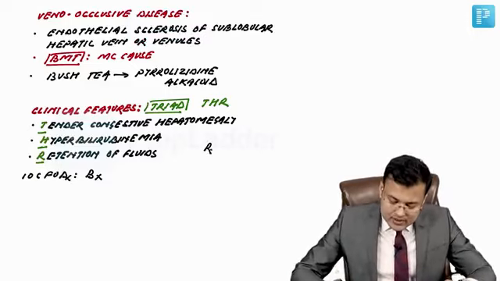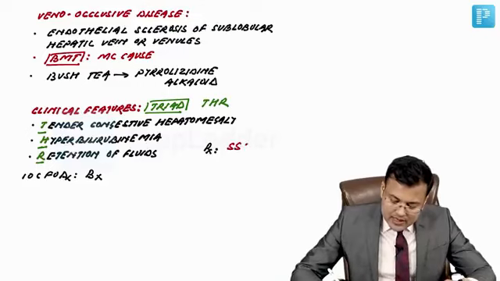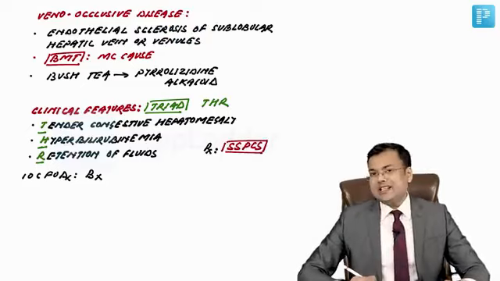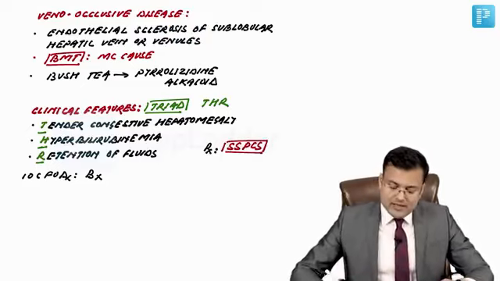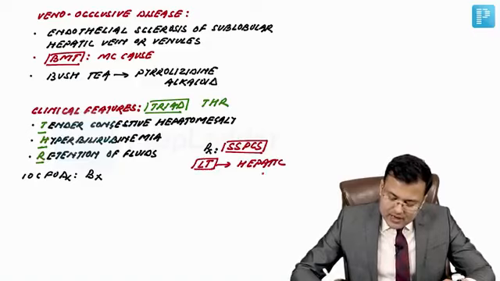So what's the treatment? Generally we go for side to side portocaval shunt. And in cases of delayed presentation, when the patient is having hepatic failure, we have liver transplantation.